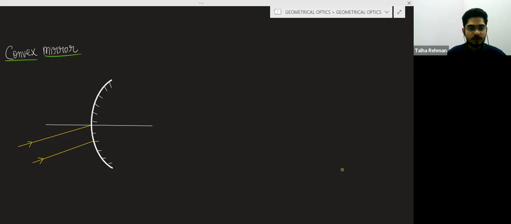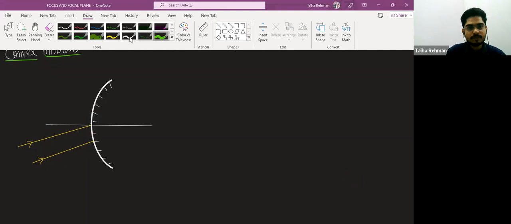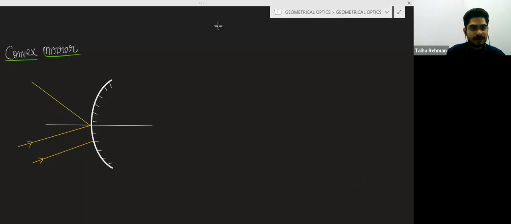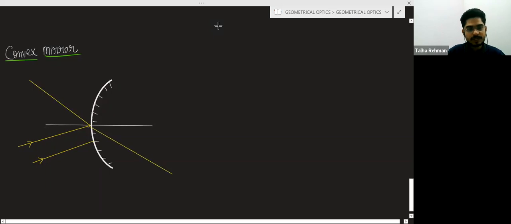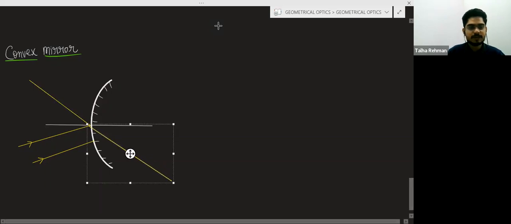This is the first ray of light. What will happen? Reflection will take place. This ray will reflect like this, and when you produce this ray in the backward direction like this.